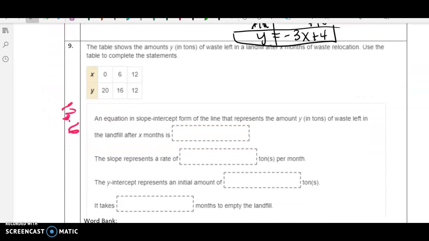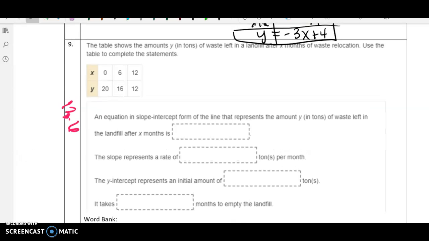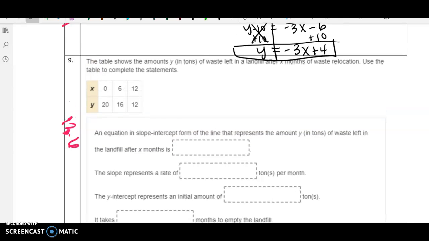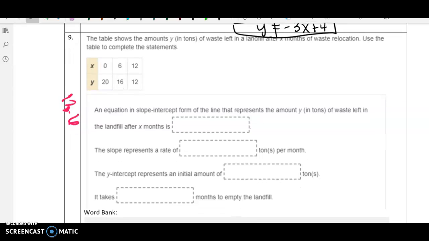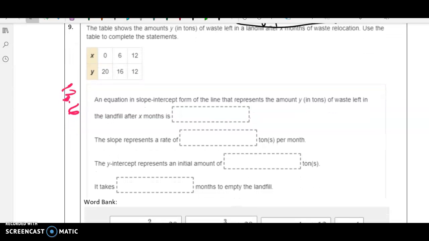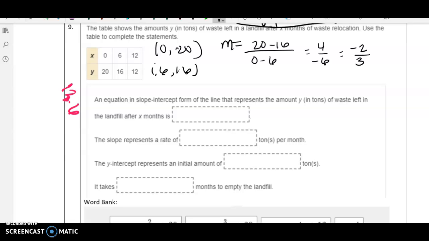All right. The table shows the amount y in tons of waste in a landfill after x months. And so we need to find our slope. So we have the point 0, 20. We have the point 6, 16. So let's find our slope. I got negative 2/3.